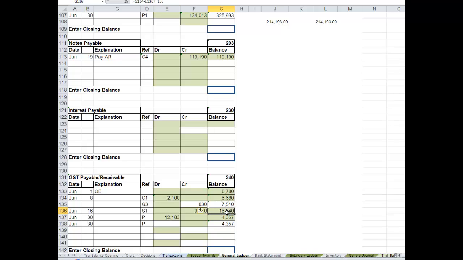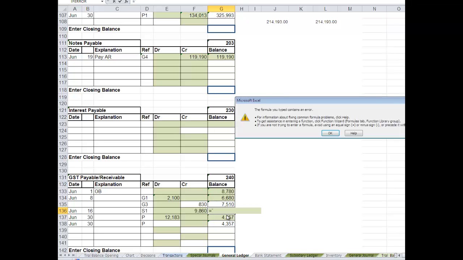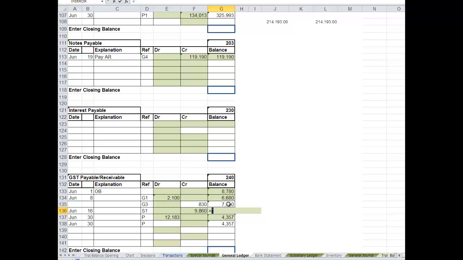Now this shouldn't be green because there's a mistake, so what has happened? That was showing right.